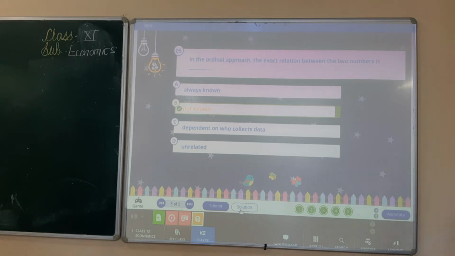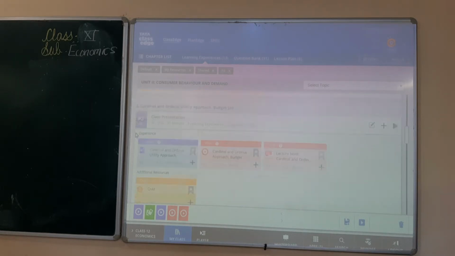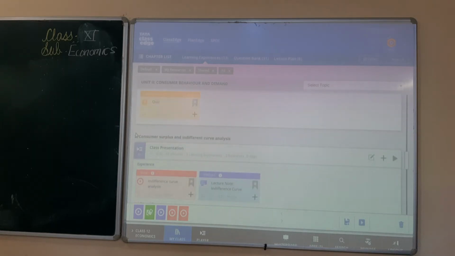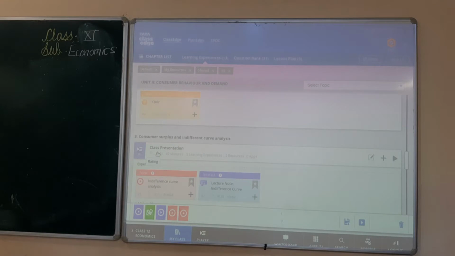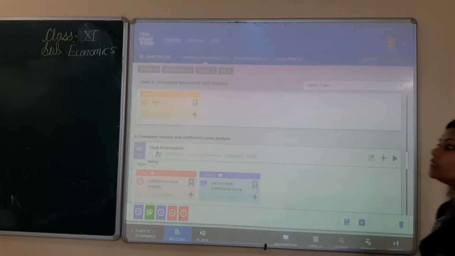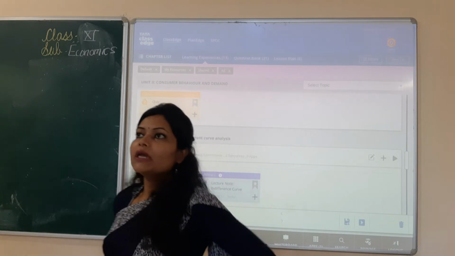Okay, so likewise we have discussed all these questions. Now let's go to another topic: the consumer surplus and indifference curve analysis. As we have already discussed what a consumer is and what consumer surplus is, you need to get an idea.